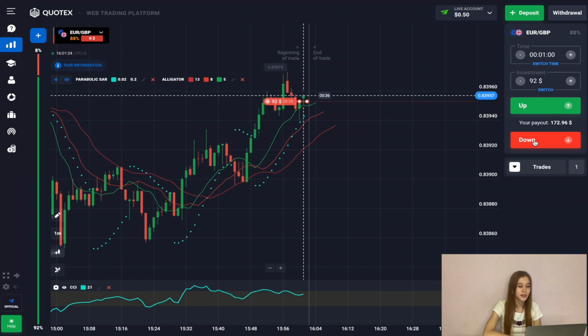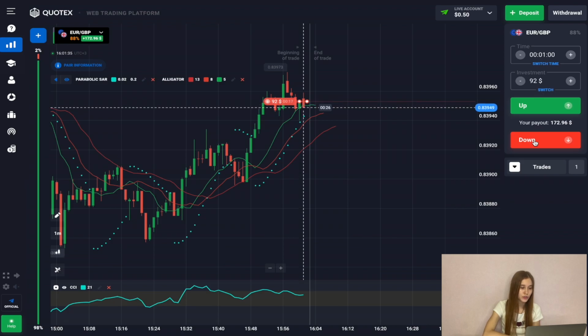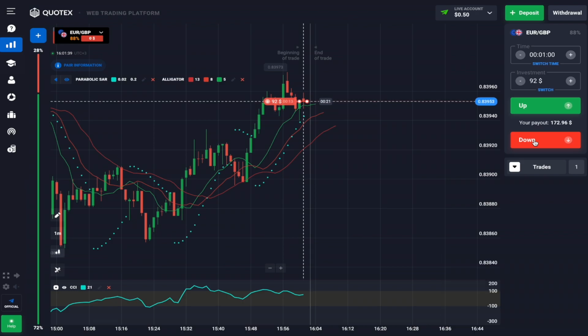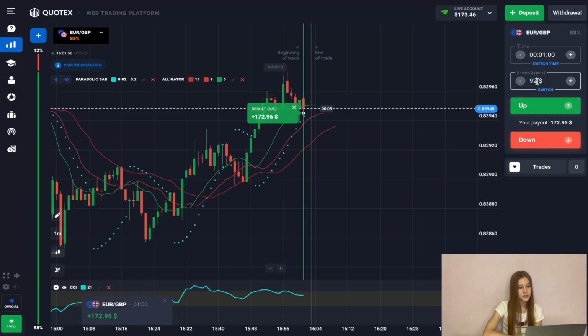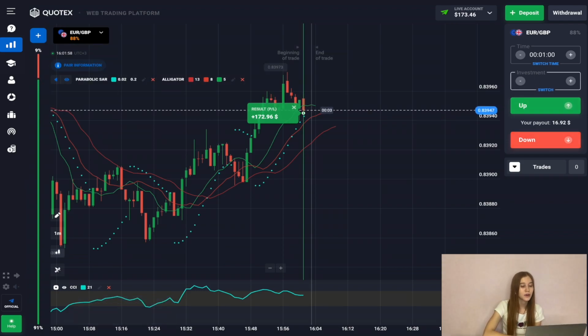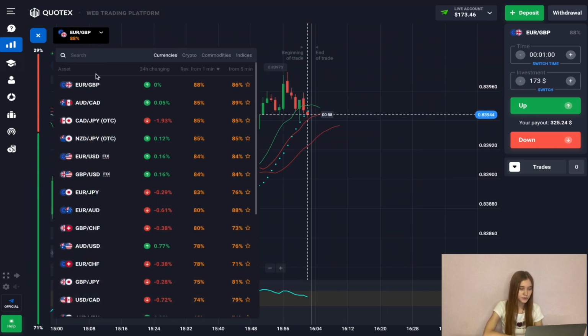But as we see, our deal went to zero, but we had a green candle. So now we expect the red candle to continue from this push, and let's wait for the successful completion. And as I said, we successfully closed our trade. We can continue.